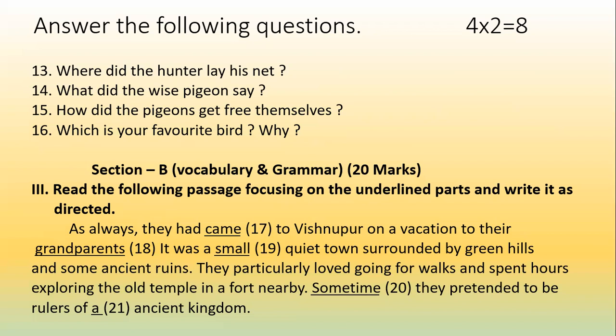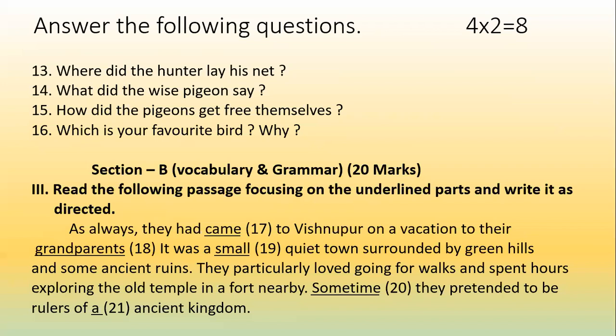So, in the second paragraph, you can see the answer or in the first line. So, a hunter laid his net near a paddy field. So you have to write 13 number and copy the answer. Only thing is you have to find out where the answer is.